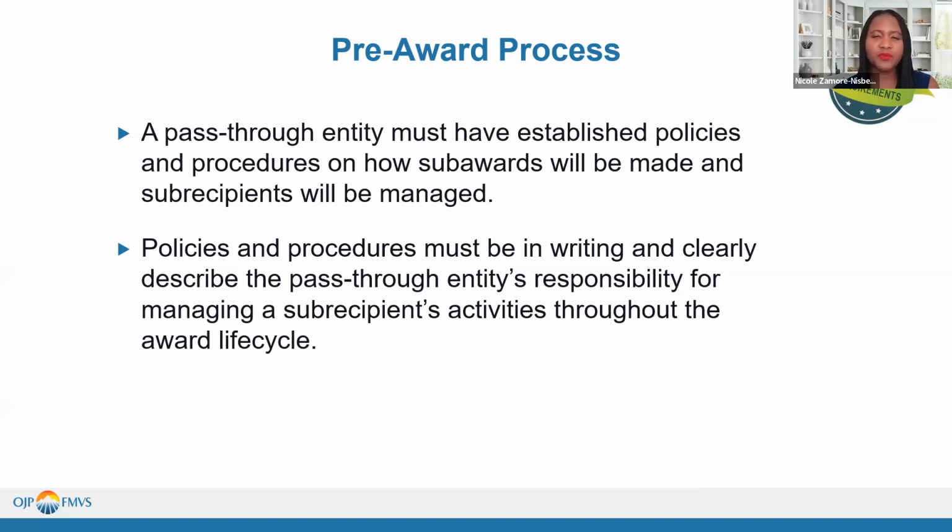We discussed policies and procedures when we mentioned internal controls and the development of your internal controls. It is important to have detailed policies and procedures that are written and available to your staff. It is also important to regularly assess your policies and procedures and make the necessary changes to them. Next slide, please.